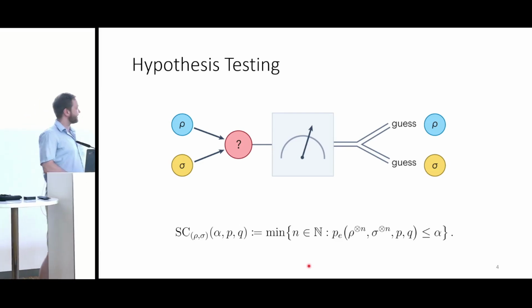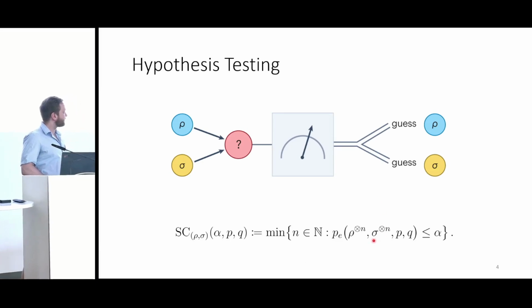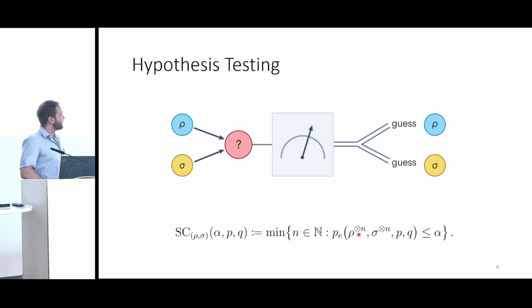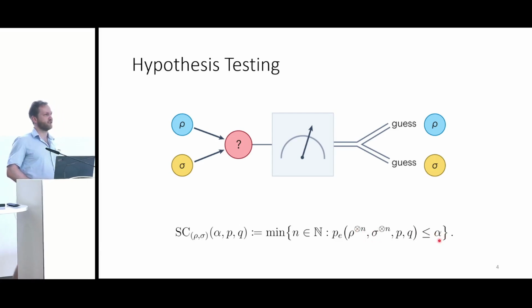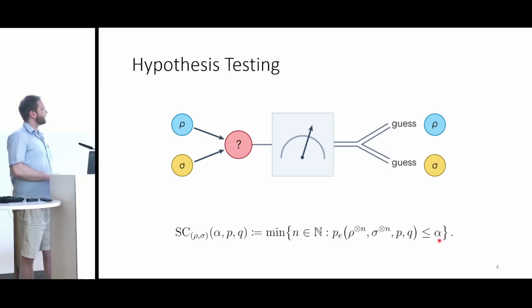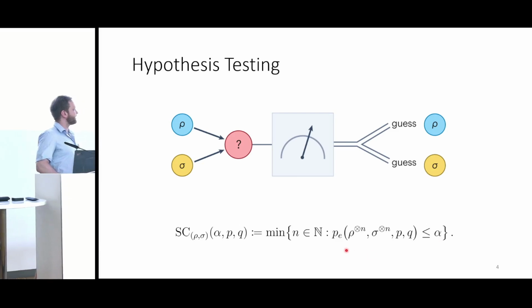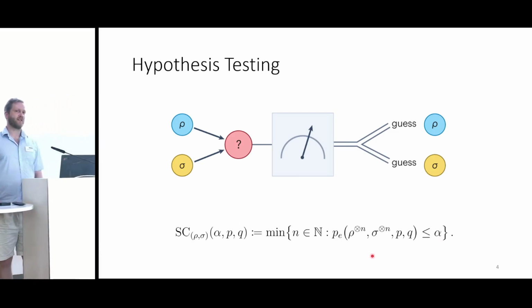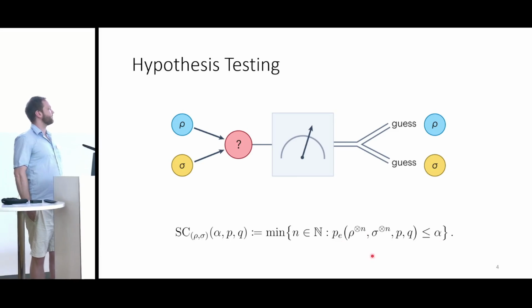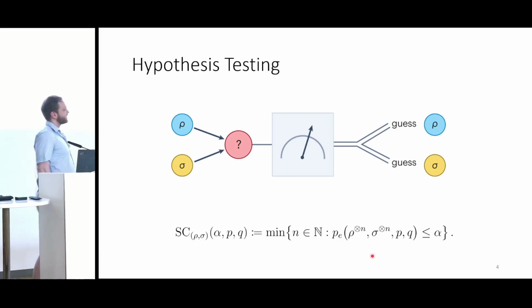What I want to look at here is that the probability of error for n copies of the states is below a certain threshold, here denoted alpha. Now I want to find the smallest n such that we can achieve this. That is basically the sample complexity of the symmetric hypothesis testing problem.